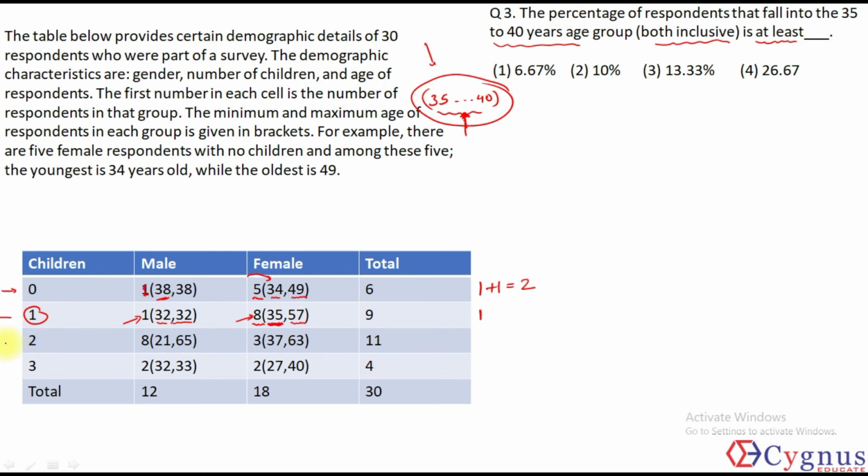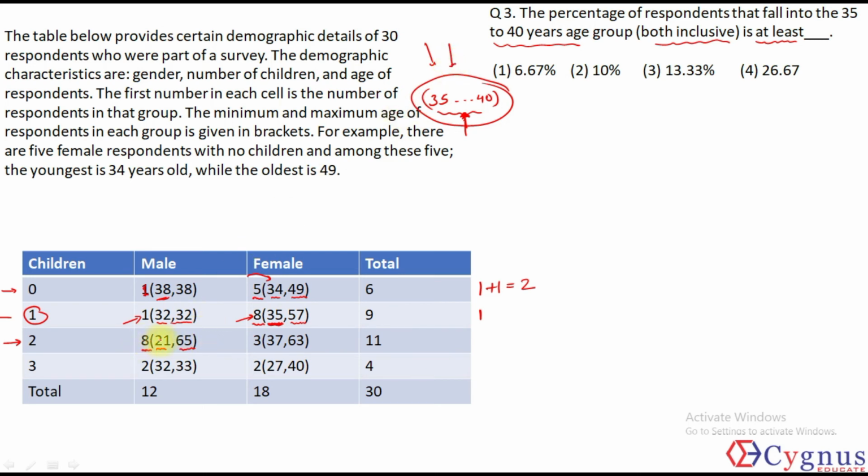What about the third row? Number of children 2. How many such males are there? 8. The minimum age is 21, maximum is 65. So I'll say all the 8 people are either less than 35 or more than 40, since you want to minimize the number of people who belong to this range. We won't bring anyone into this range.